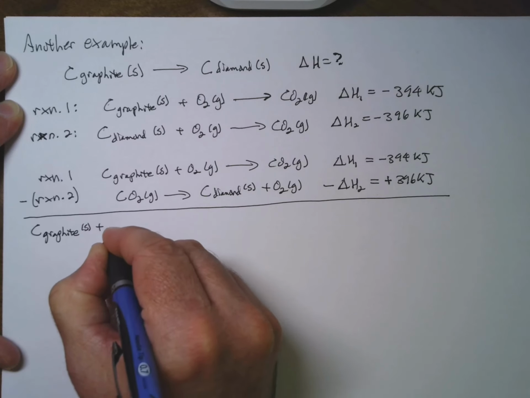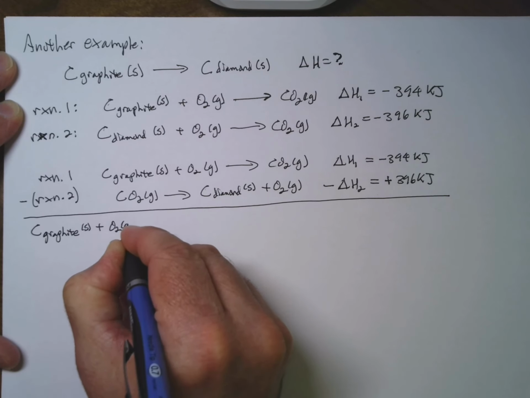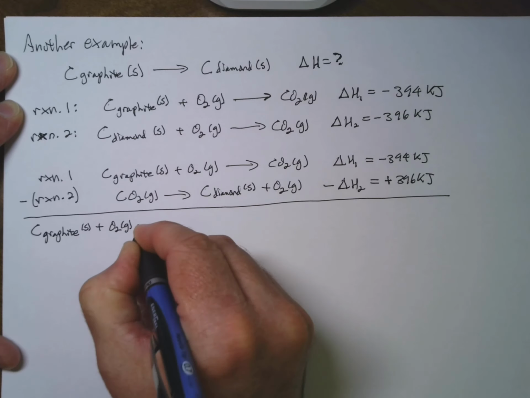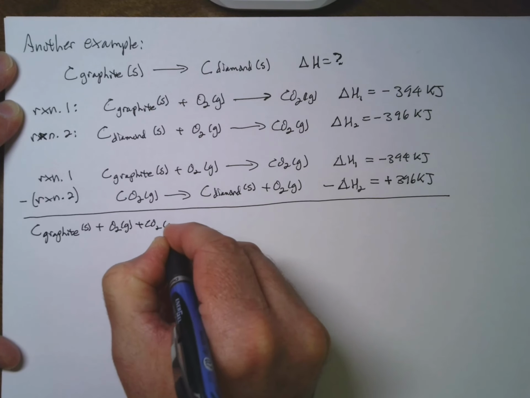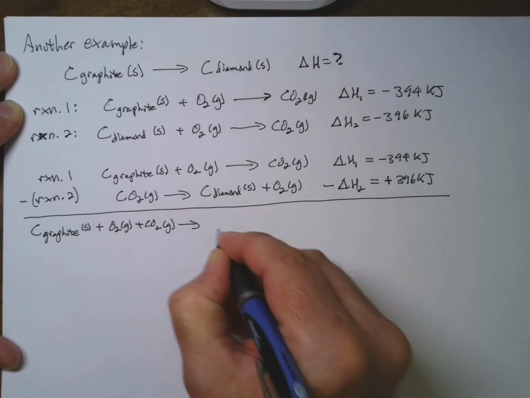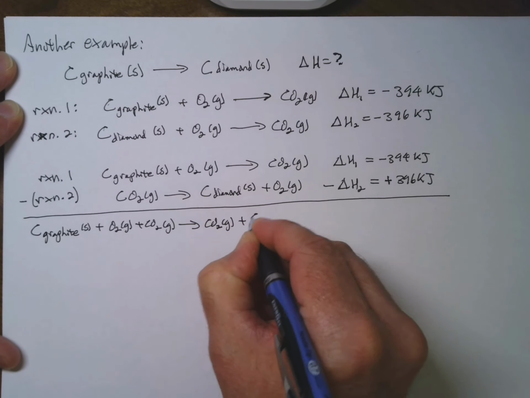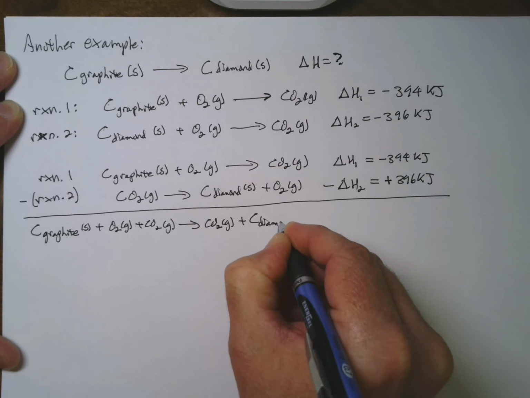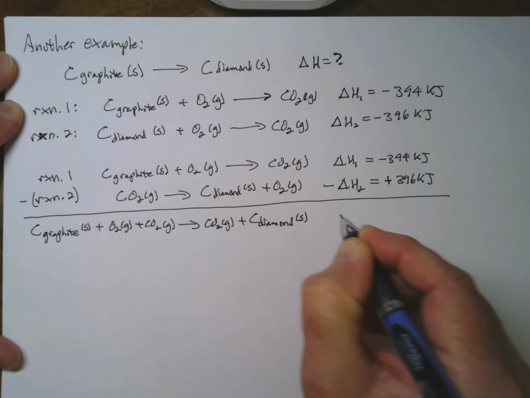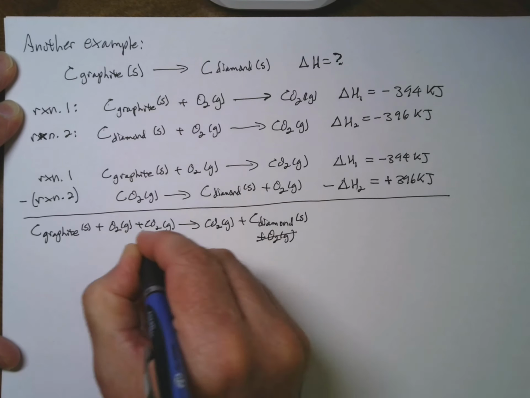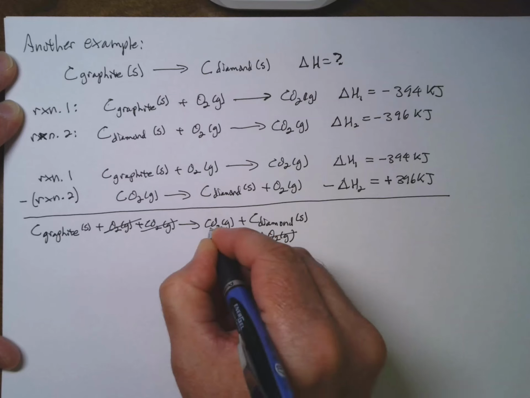So now if I add these up, I will get C graphite solid plus O2 gas plus CO2 gas, react to give CO2 gas plus C diamond solid plus O2 gas. And now my O2 gases cancel and my CO2 gases cancel.